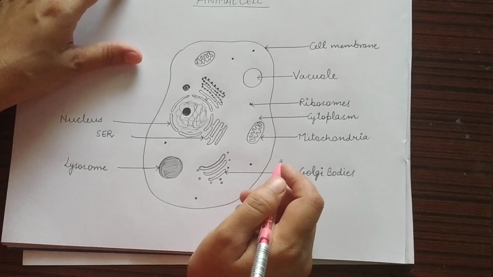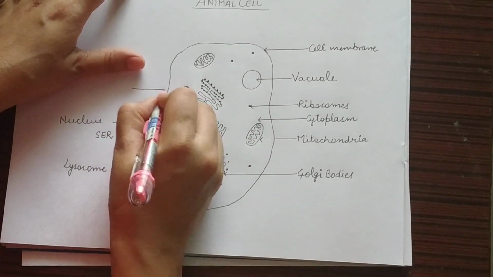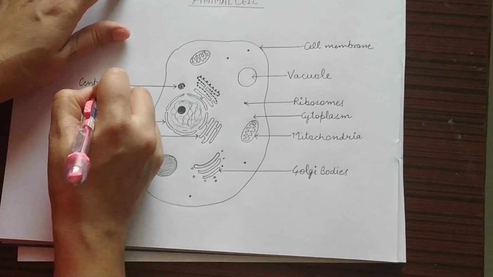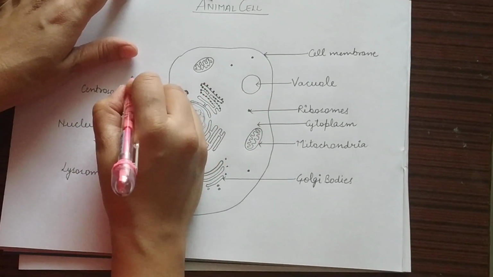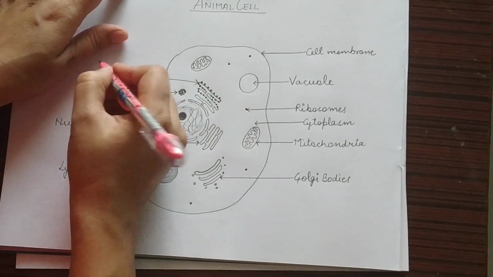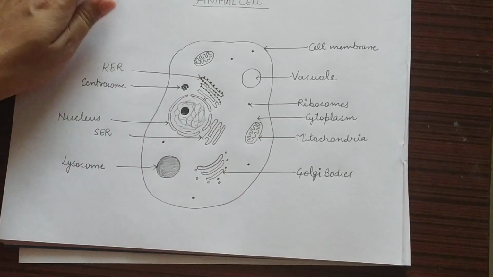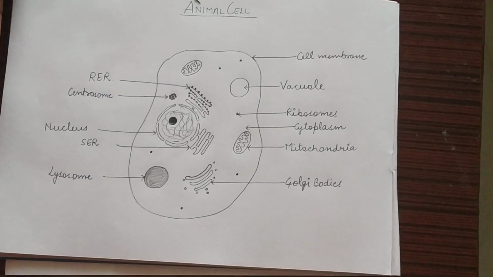SER means smooth endoplasmic reticulum. This is the centrosome. And this one is the RER. RER means rough endoplasmic reticulum.